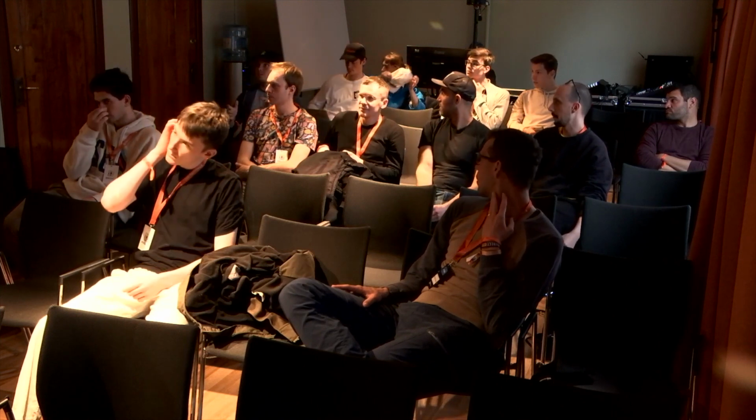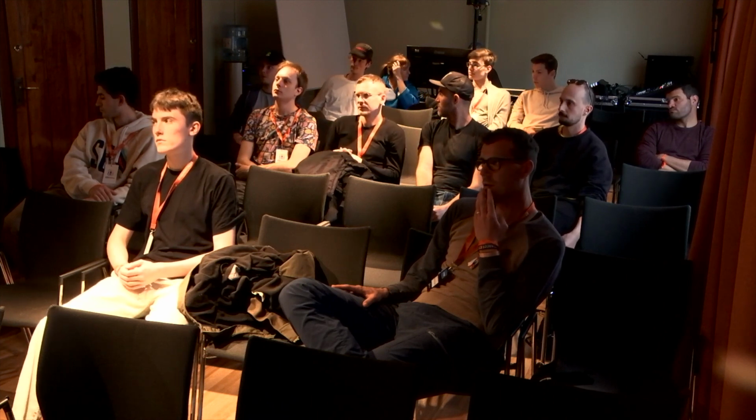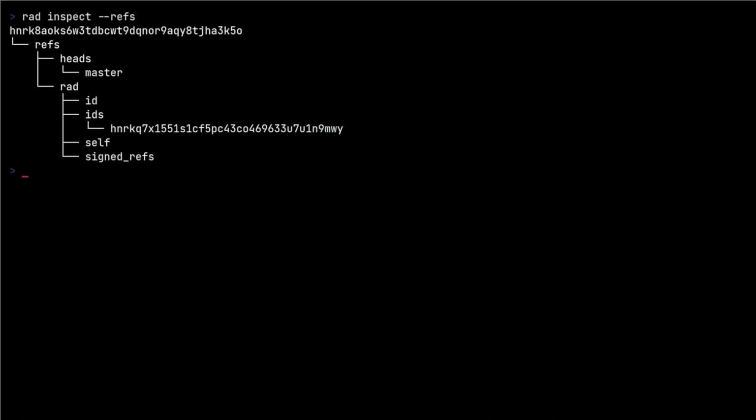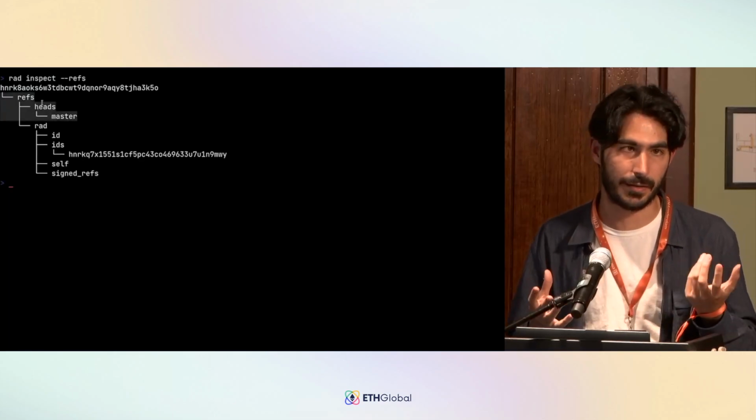Quick question. Is it possible to maybe extend Git functionality to include this Radicle stuff on top of it, or would it not work? It's not really needed. We are sort of extending Git's functionality, but without modifying Git itself. This is actually something I wanted to show briefly. If I do this, I can see the actual Git refs that are stored for this project, and you'll see the regular Git refs that all repositories have.